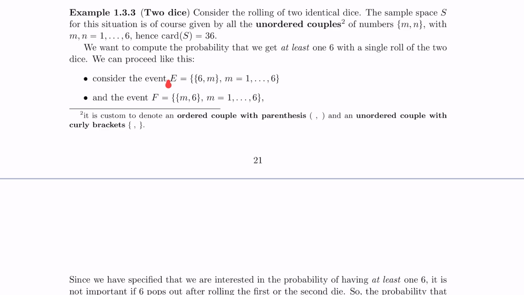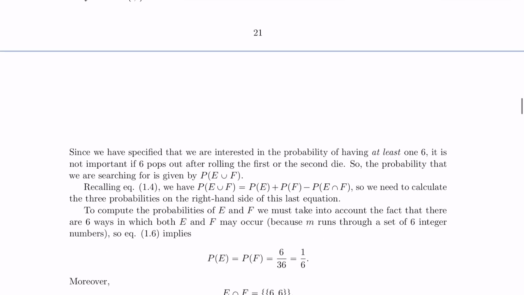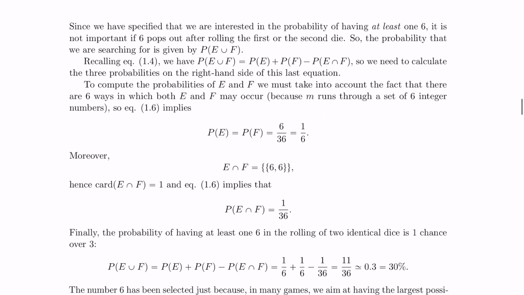We consider the event E given by the couples in which we are sure that 6 pops out from the first die, and the event F given by the couples in which we are sure that 6 pops out from the second die. Since we are interested in the probability of having at least one 6, it doesn't matter if 6 pops out after rolling the first or the second die.